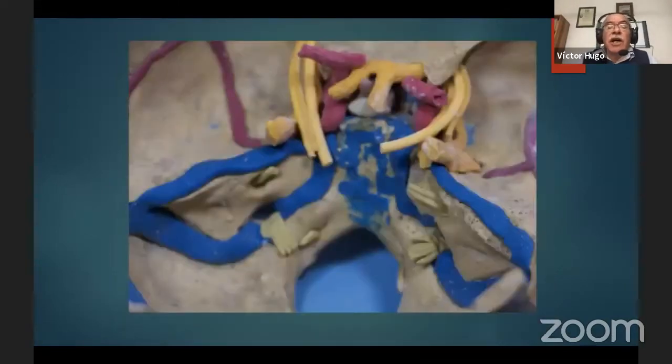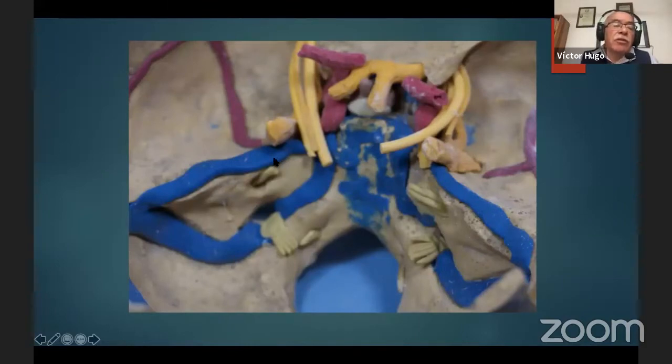I am also making some models for residents, especially these models made in scale 1:1, also the skull, not the cranial nerves.